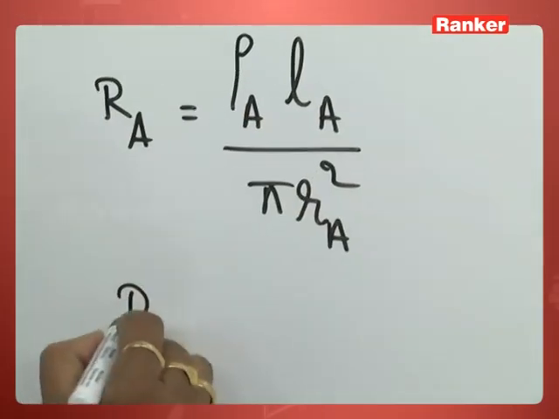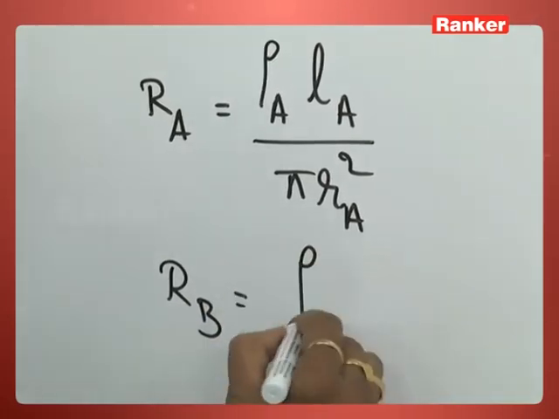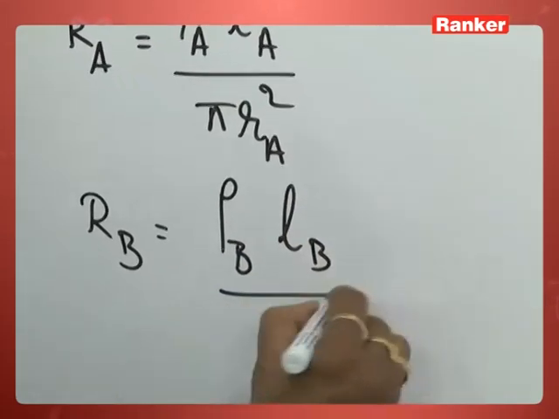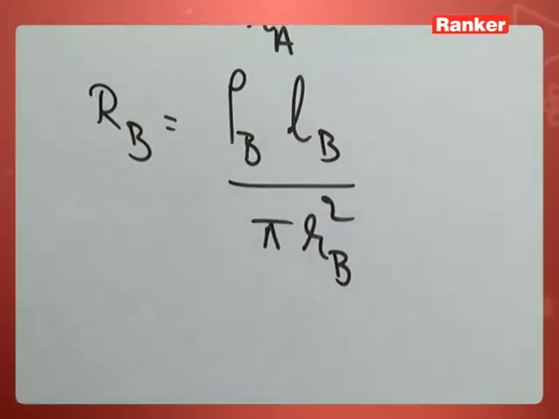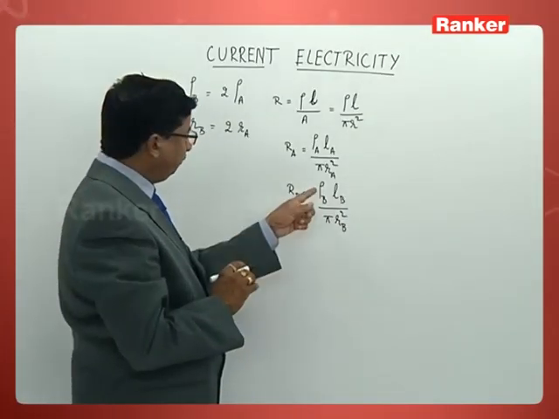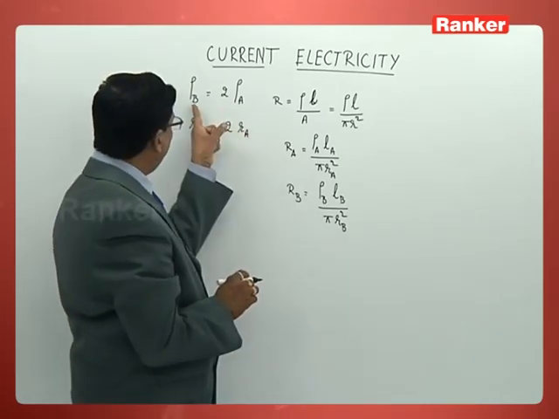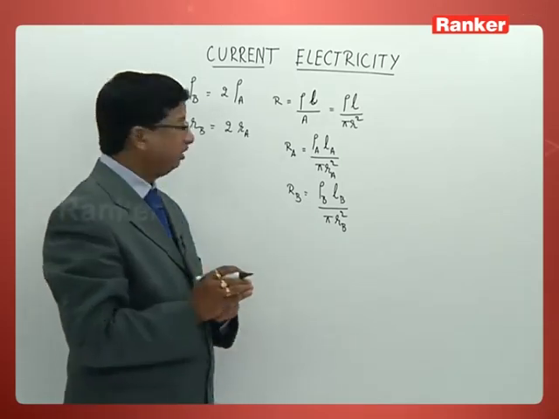Look at the second. What about RB now? It is rho B into LB by pi RB square. But according to the given values, rho B is twice rho A. That is the relation mentioned.